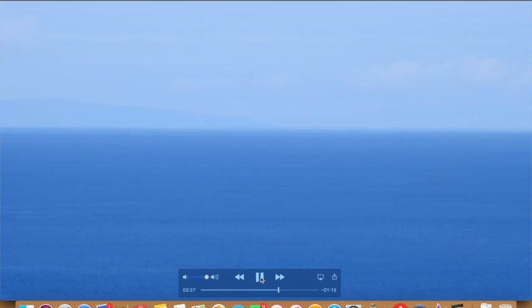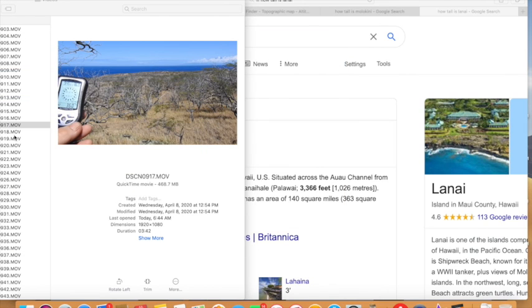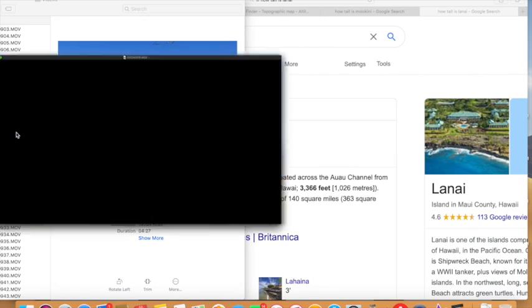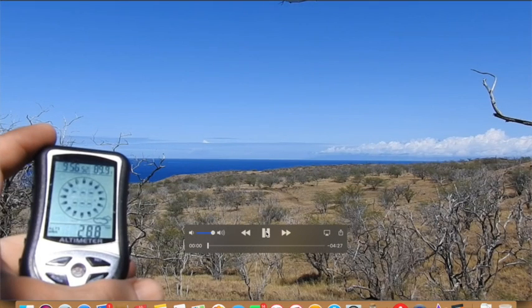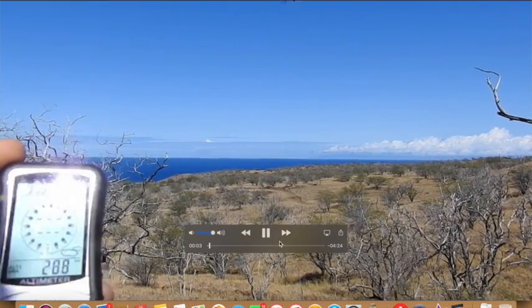Panning out, back out. Okay, look at the height. You can have a hard time seeing the top of Lanai because of the clouds, but they almost look like they're the same height. Okay, as I'm going down the hill, 288, still going down the slope, getting closer to the water level.